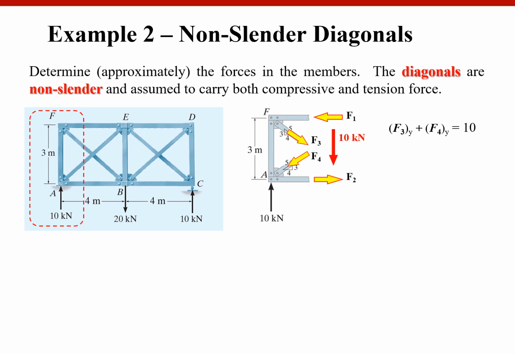Again, this equation is an approximate relationship from our structural analysis experience. The y component is sine, so 3 over 5 is the sine of whatever angle is here. So you've got this equation.